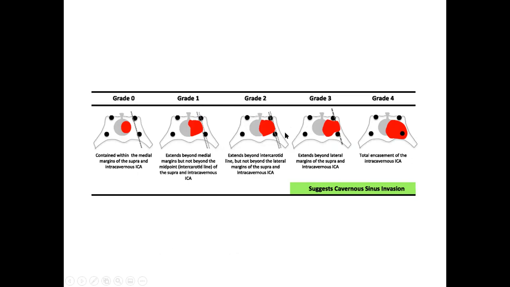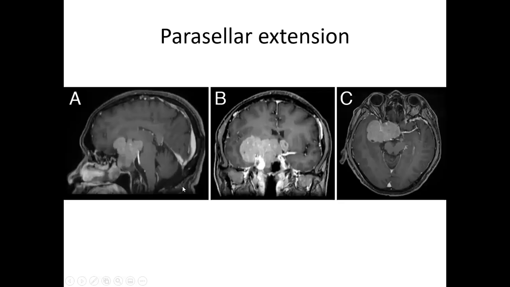Grade 2 is touching the intracarotid line, the middle line. Grade 3 is crossing the lateral margin of the internal carotid artery, and total encasement of the intracavernous sinus, and beyond that is grade 4. This is the cavernous sinus involvement grading by parasellar extension.